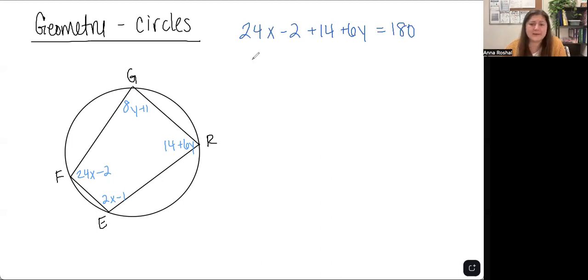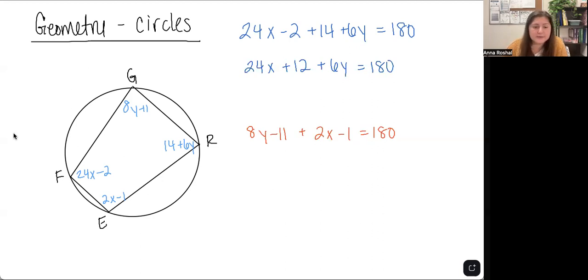So I'm going to go ahead and combine like terms as much as I can here. I'm going to have 24x plus 12 plus 6y equals 180. And then I know that I can do the same thing with the other two. So I'm going to end up with 8y minus 11 plus 24x minus 1, which is also 180. Let's combine some terms here.